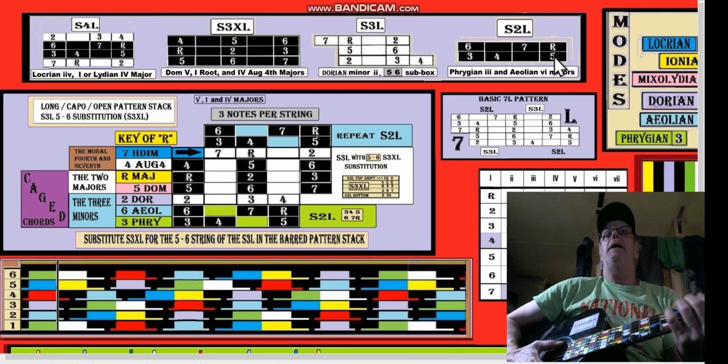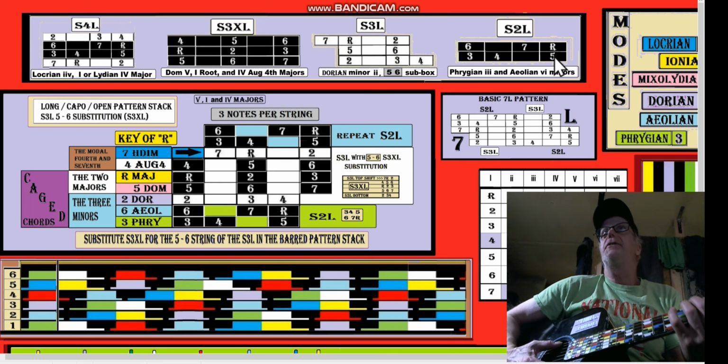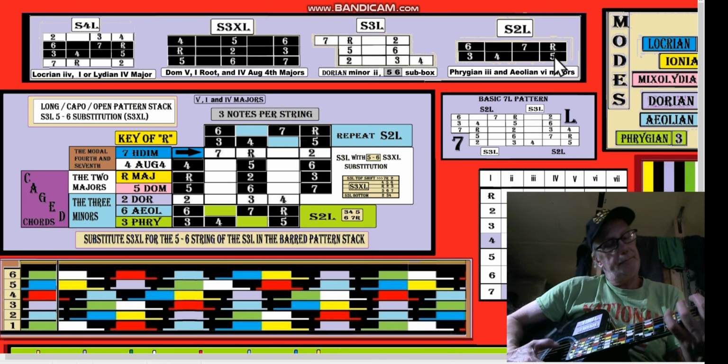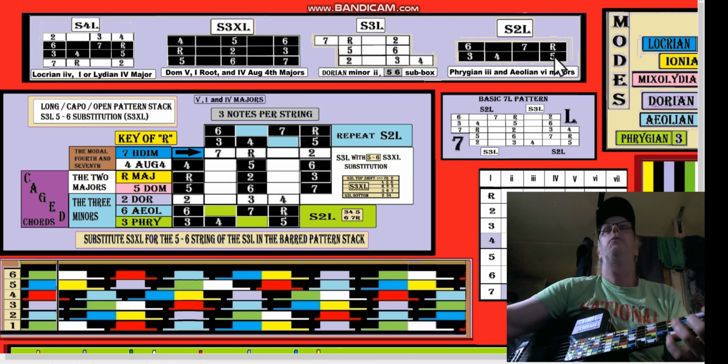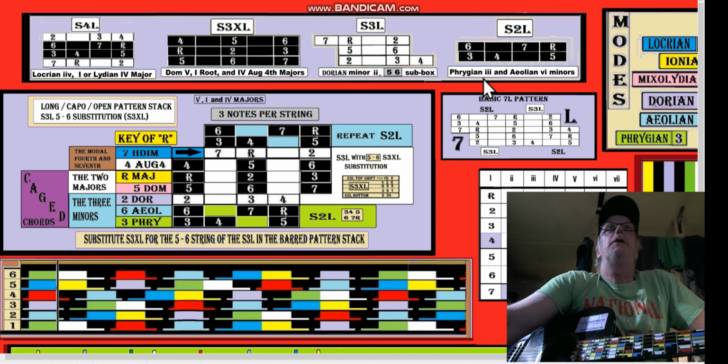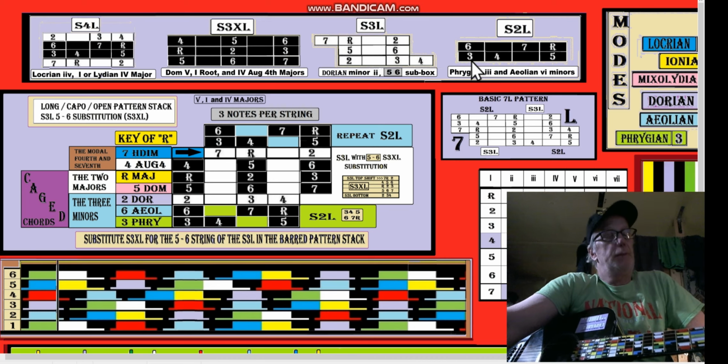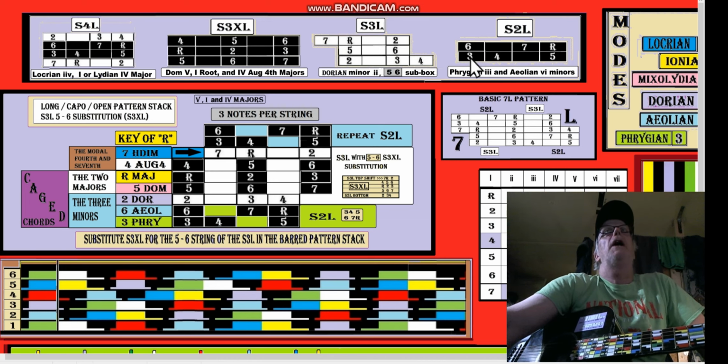Okay, and that S2L up there, guess what? That is where you would want to start a Phrygian. If you're playing it from the E, it would be a Phrygian in the key of C. And the Aeolian is the string above it. So right there is two of your minors separated by a fourth, a perfect fourth, right?